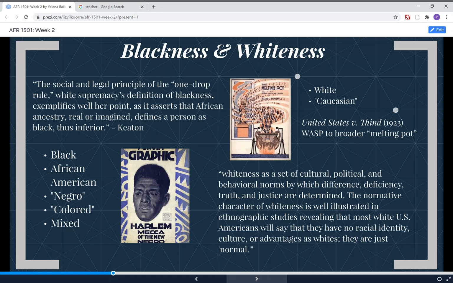I think it's really pertinent to understanding this, where she says, the social and legal principle of the one-drop rule, white supremacy's definition of Blackness, exemplifies the point that asserts that African ancestry, real or imagined, defines a person as Black and thus inferior. So that's the history of where it came from, but again, people have contested that. They are obviously saying, I'm not inferior, but that being of African ancestry is really in the US in particular, but now kind of globally, is how we define Blackness.